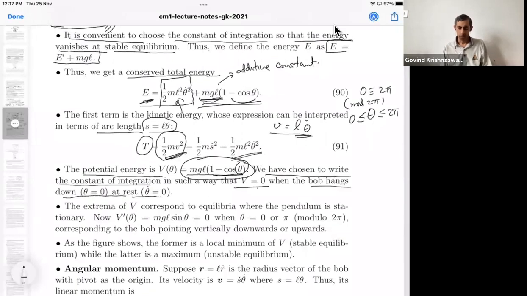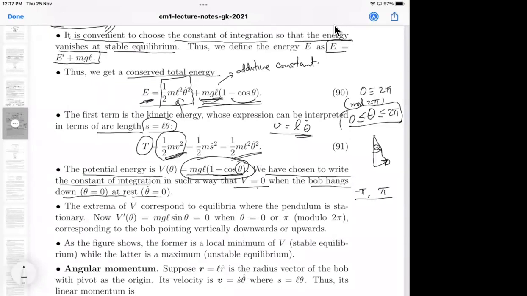Some people would prefer, because I defined the angle as the counterclockwise angle of deflection, to take, and this is an excellent choice, another choice: you go from minus pi to pi. Anyway, there are many choices. You can choose what you like. We will continue with this one for now.